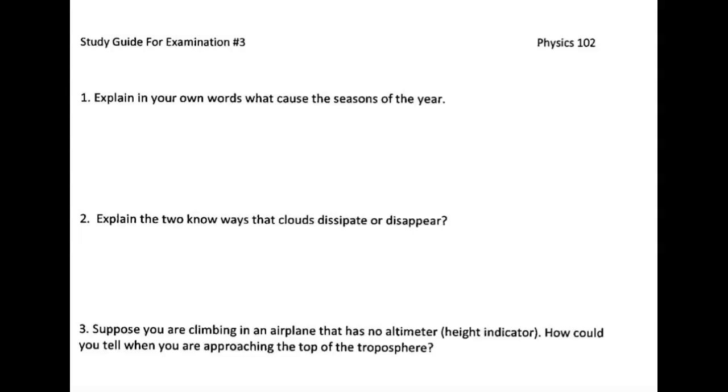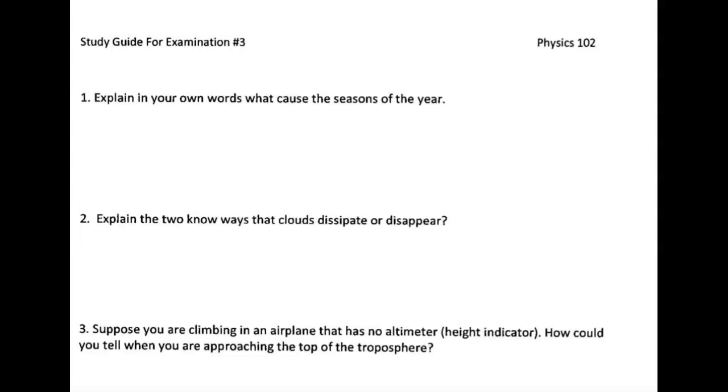Therefore, it is summer in the southern hemisphere. And the other 3 seasons come into play in a relative manner from that. So once again, it is the relative tilt of the north-south pole axis relative to the direct sun rays that causes the seasons of the year. If there were no tilt, there would be no seasons of the year.